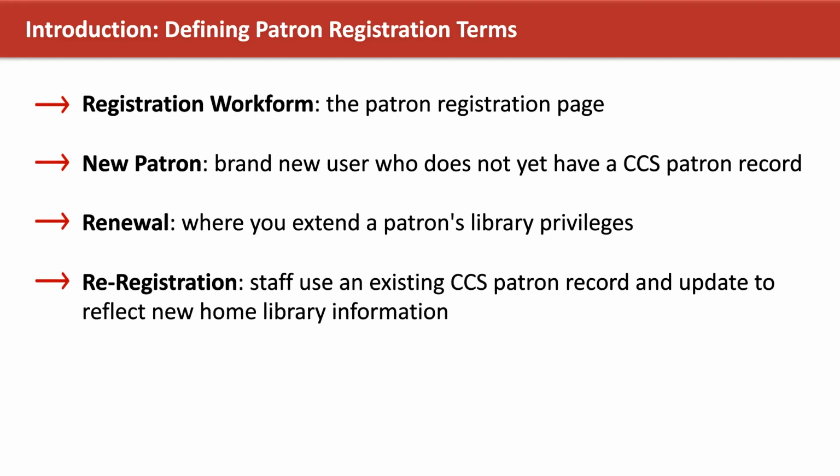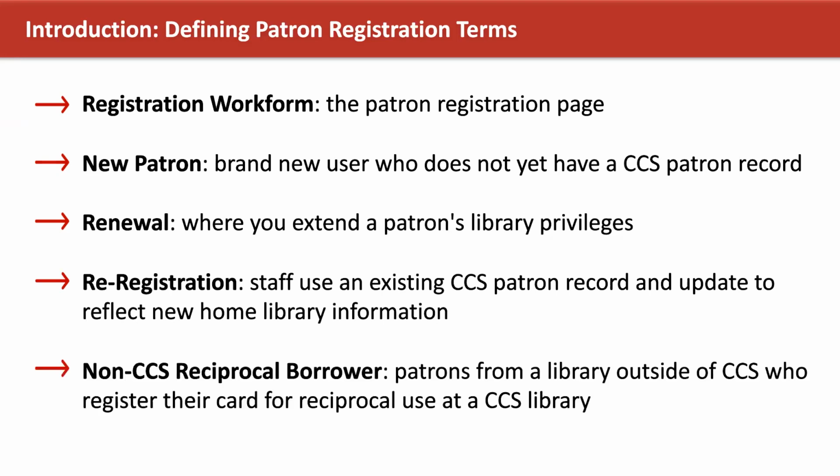Now, when we talk about re-registration in training, we're talking about a situation where the patron is registering at a new library, but they have an existing patron account in the CCS database. So with a re-registration, staff can use the patron's existing account and just update the fields to reflect the patron's status at their new home library.